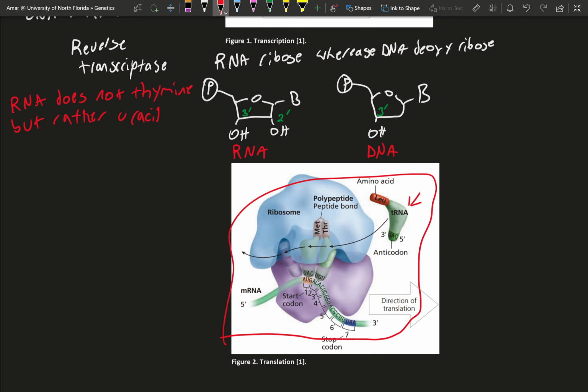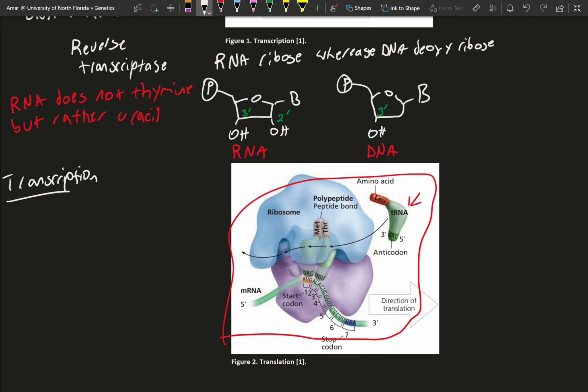Here is a way to think about the difference between transcription and translation, since I know some people struggle with remembering them. Transcription is essentially transcribing the same language into a similar format, right? But translation, on the other hand, is translating something into a completely different language, which is proteins.